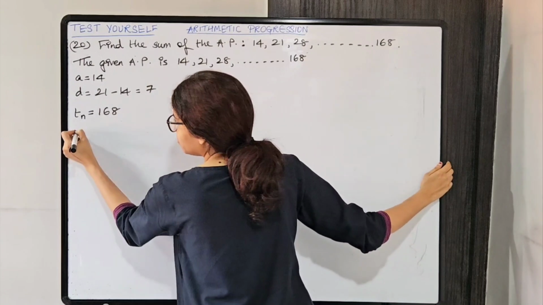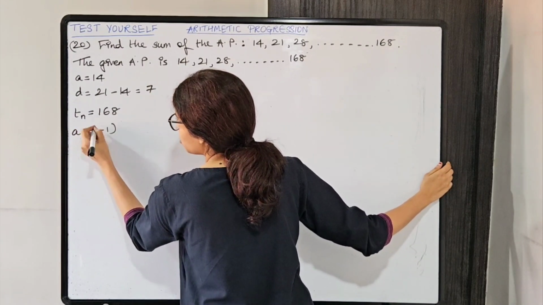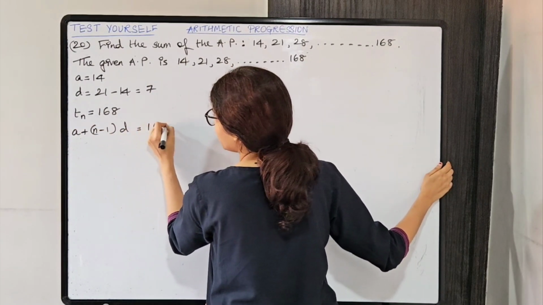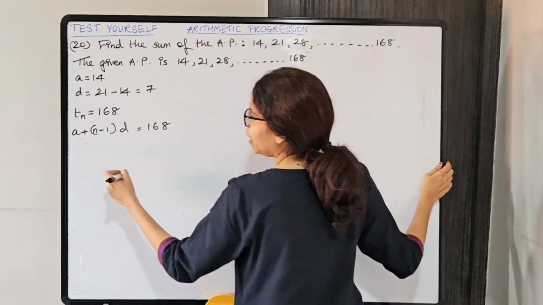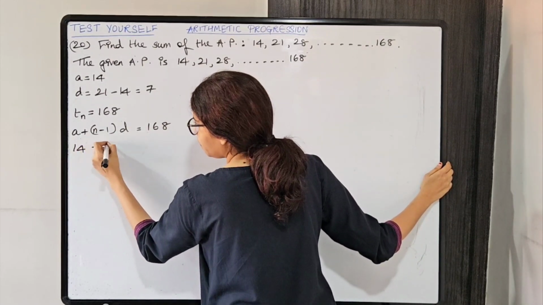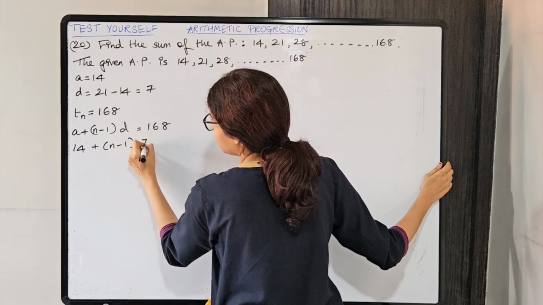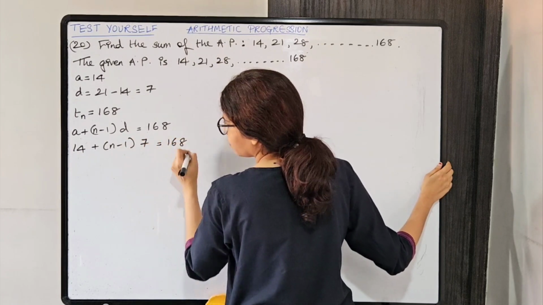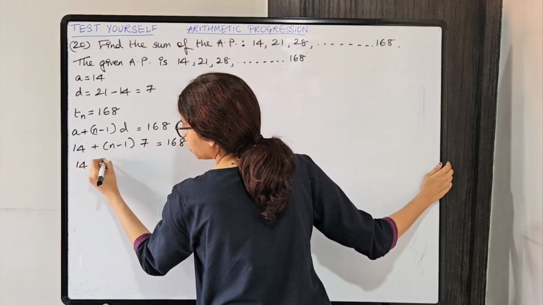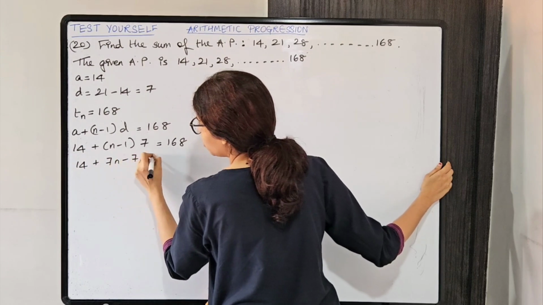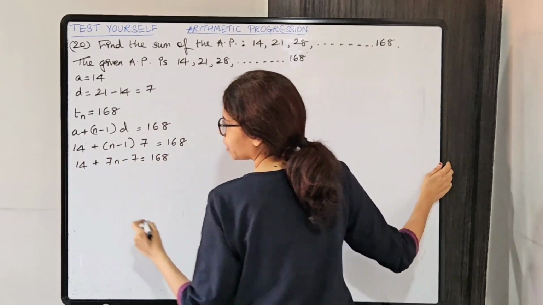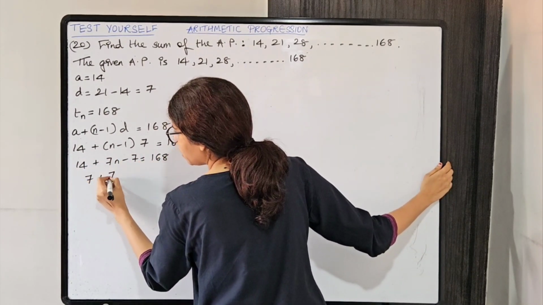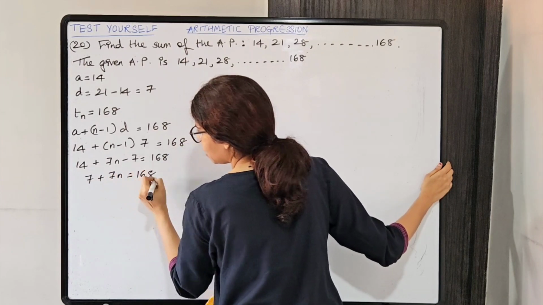Tn का formula a plus n minus 1 d is equal to 168. A is 14. D is 7. So 14 plus 7n minus 7 is equal to 168. So 7 plus 7n is equal to 168.